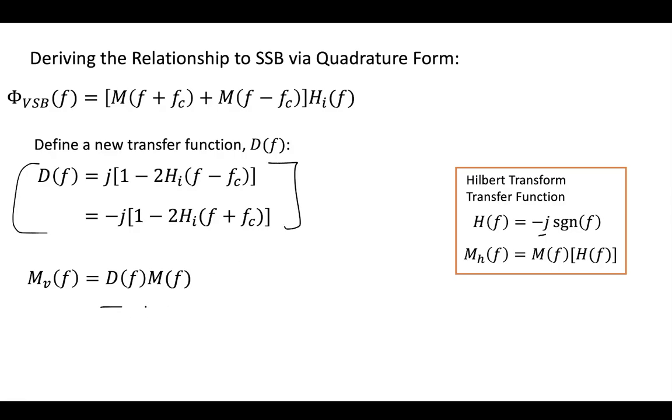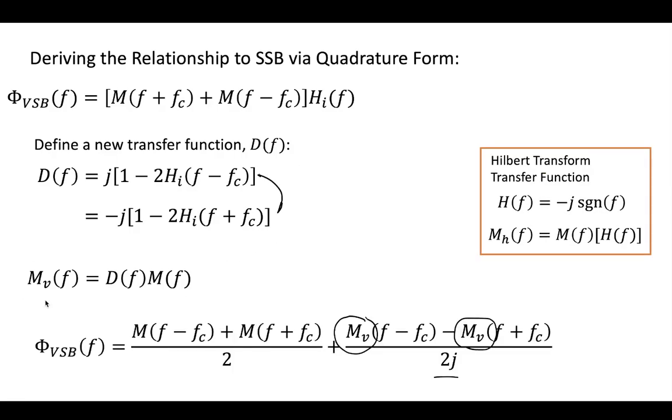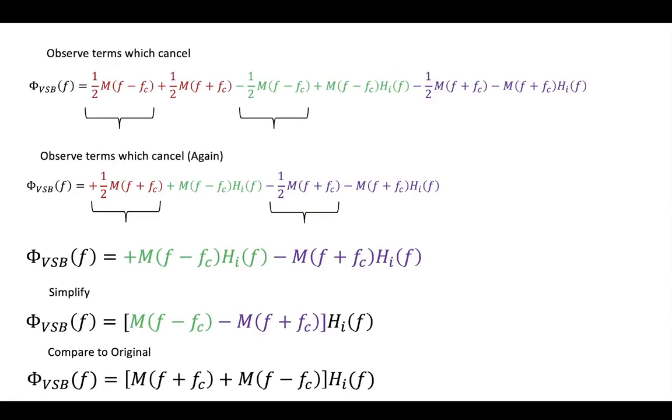And if we apply that transfer function and rewrite our VSB signal using it, it turns out these two things are identical. And now we just went through that long derivation, which was a bit annoying, but recall our original goal was to compare this in the quadrature form.